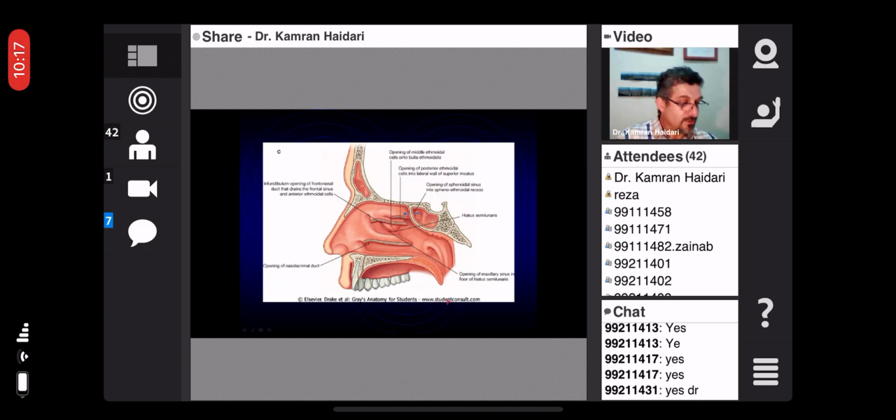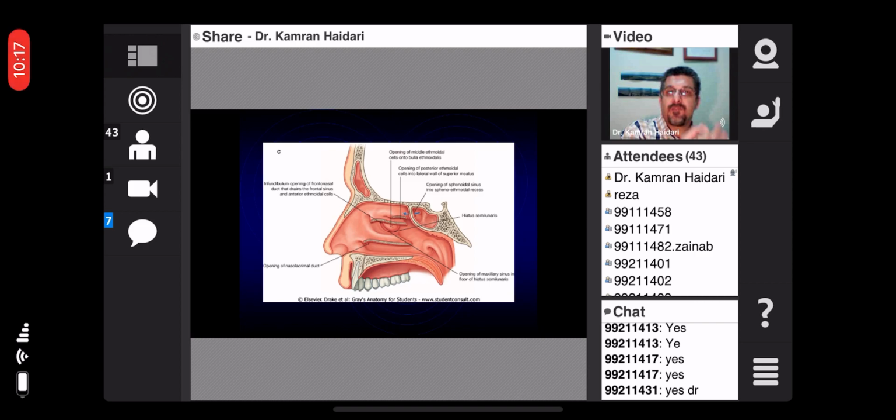I would like to indicate this is the opening of the nasolacrimal duct. Nasolacrimal duct is between nasal cavity and the medial angle of the orbit. The eye drop accumulates here and enters into the lacrimal sac.